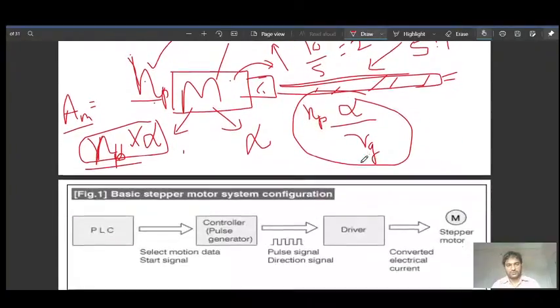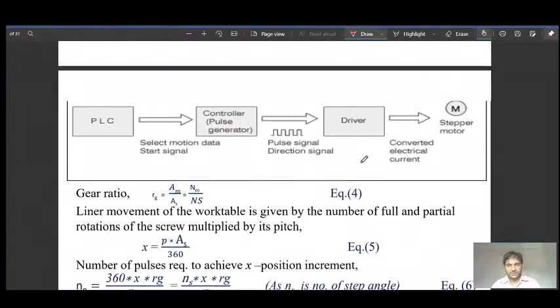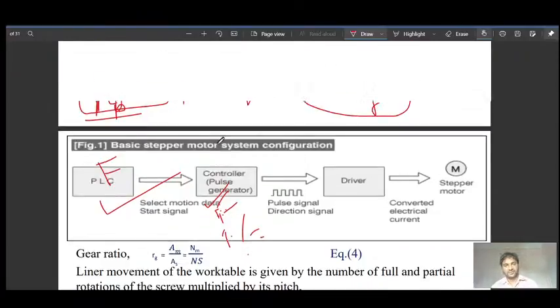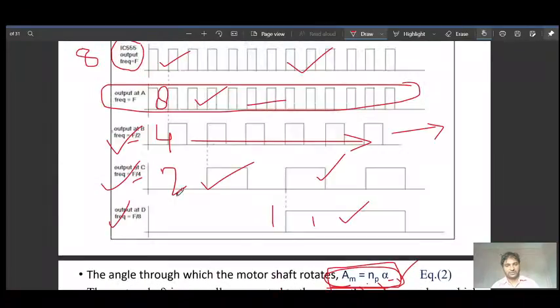Now you can see the same PLC, the number of pulses supplied at f frequency, and then the controller or generator, so it was generating at f or f by 2 or f by 4 or f by 8, that we saw here, this one.